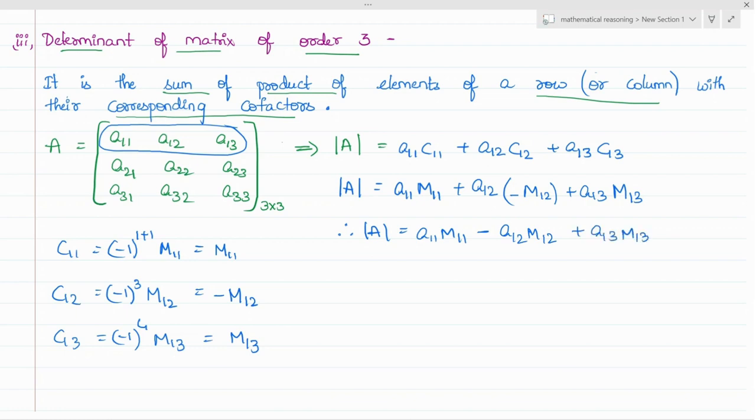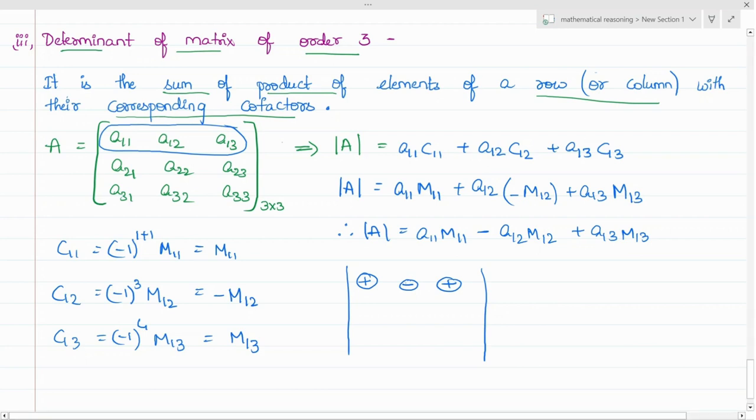So if we write in terms of minors, basically if this is the determinant, the first element will take positive, next negative, next positive. This is how we write this. See, it is plus of A11 M11, negative of A12 M12, next positive of A13 M13.